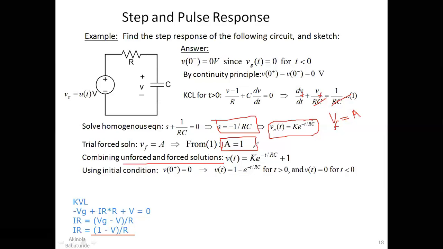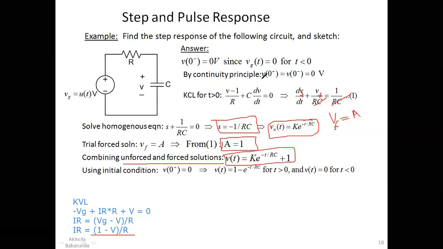Since our A is 1, you just put 1 here. This is our forced solution and this is our natural solution. If you add all of those, this is what you obtain as your V of t, which is a solution to that particular circuit. However, what is going to be our V of 0 plus?